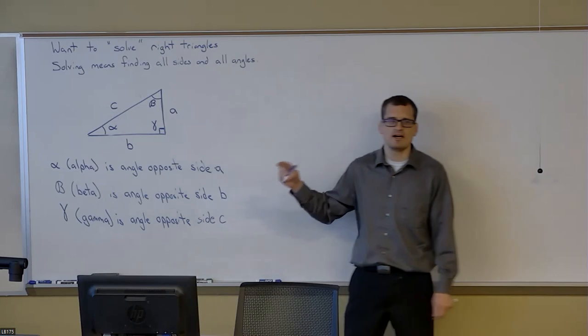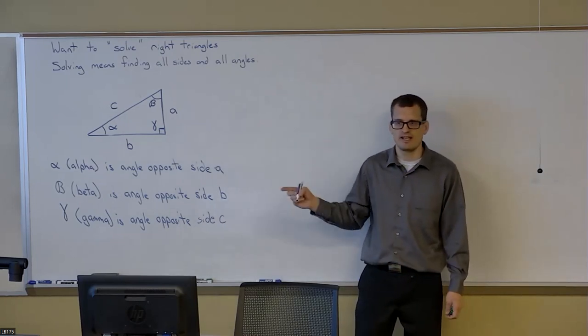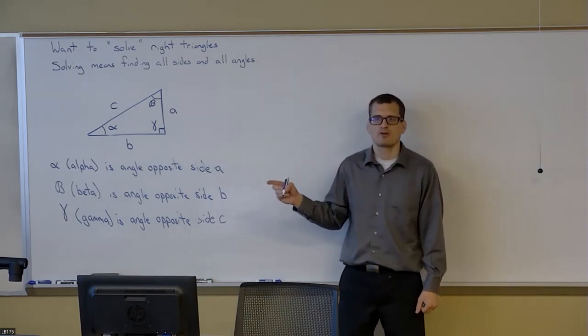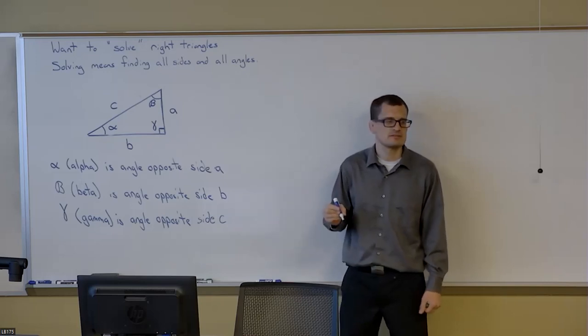And obviously gamma is a 90-degree right angle for all of the right triangles.